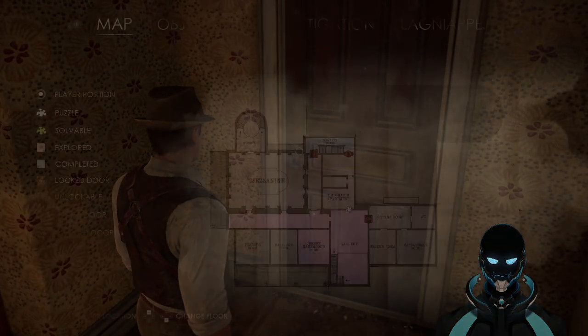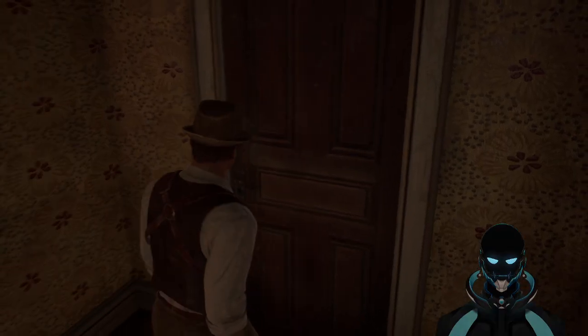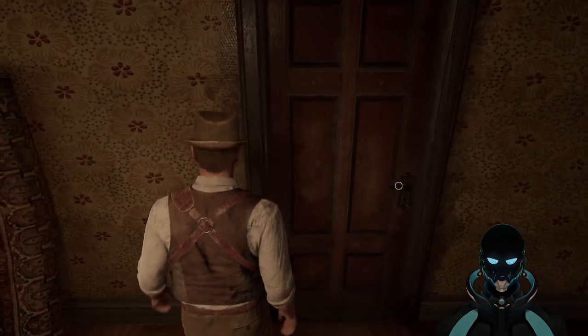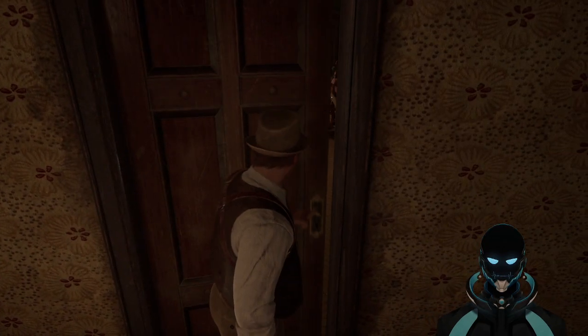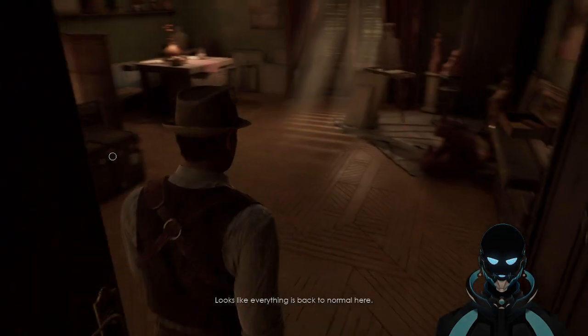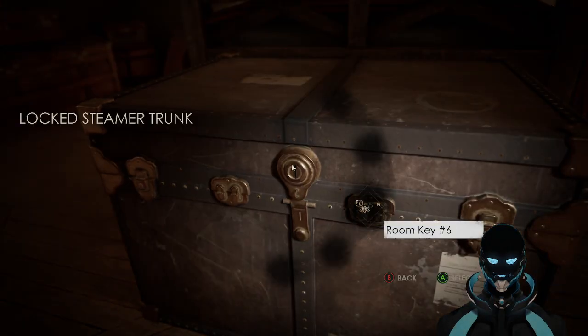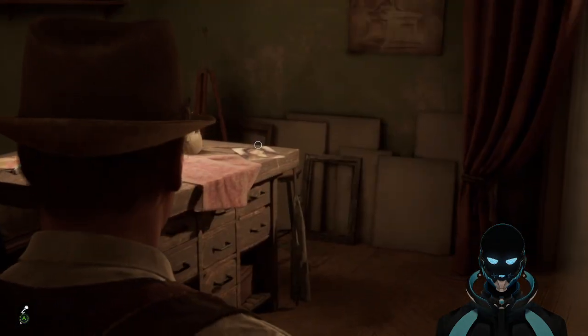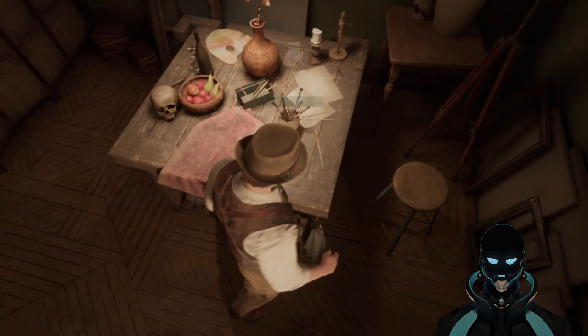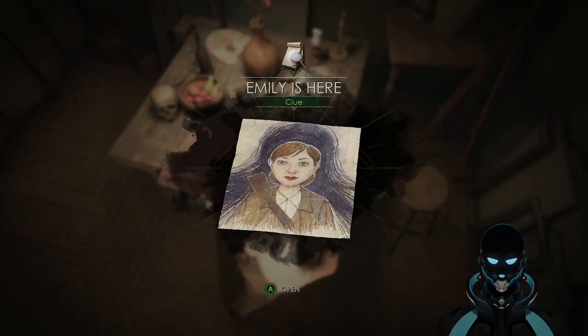I wish it would keep reading when not in the menu. Looks like everything's back to normal here. Interesting.